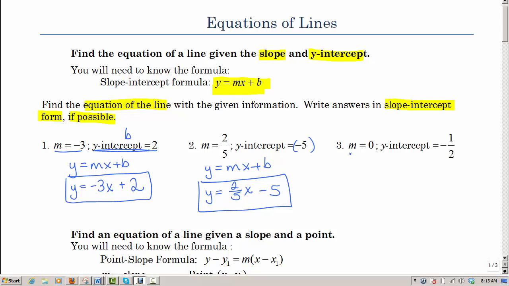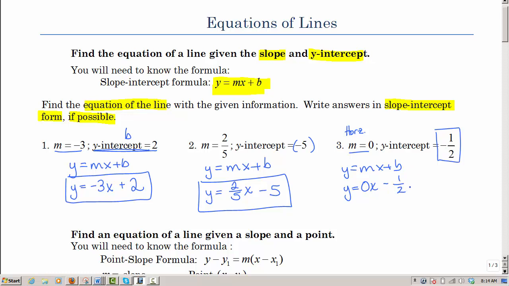Number 3, we have that 0 thing. What does that tell you? You should remember that this is a horizontal line. Let's see what happens. And we have a y-intercept of negative 1/2. If we just go through the formula, we would have y equals 0x, and again, since we have a minus, we're just going to say minus 1/2.